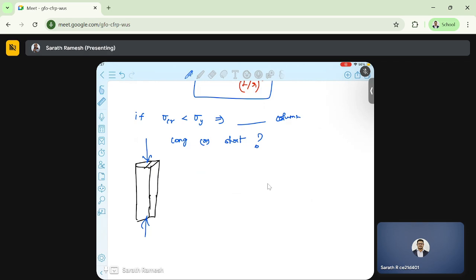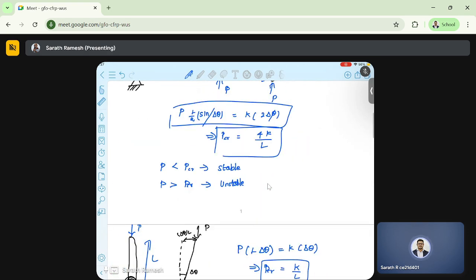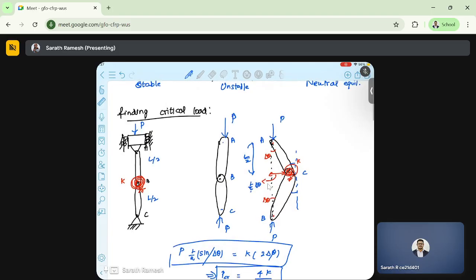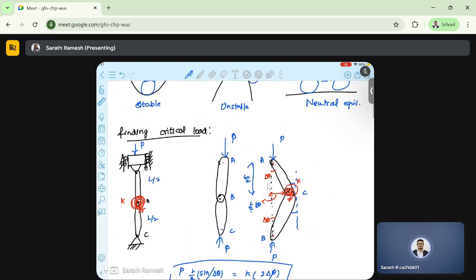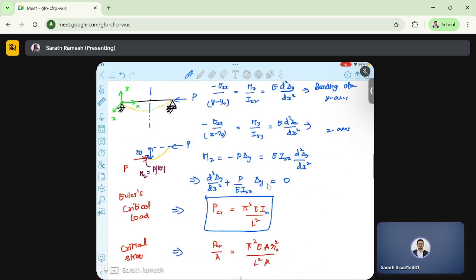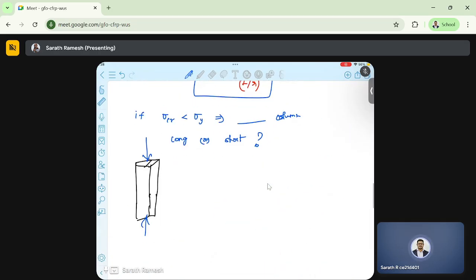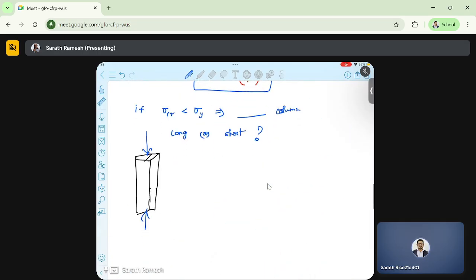But we just now saw the concept of stability, right? Because of this secondary deflection, the small deflection induced, there is a possibility of stability failure, which we say buckling failure.